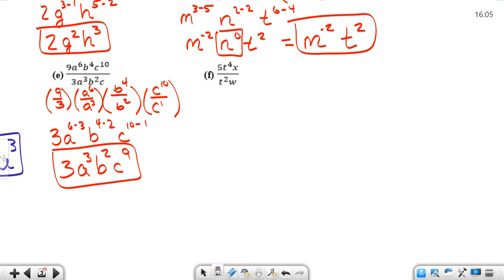So I do have a 5 in the numerator, and I do actually have a coefficient in the denominator, guys. Don't forget there's a 1 down here. So this is going to be 5 over 1 times t to the 4th over t squared.